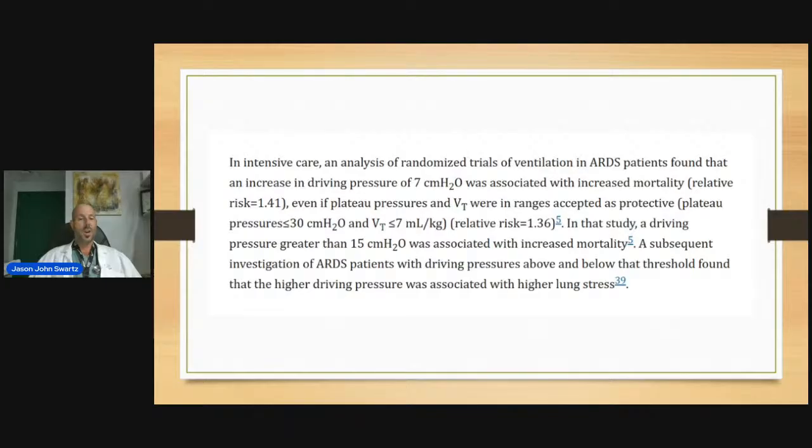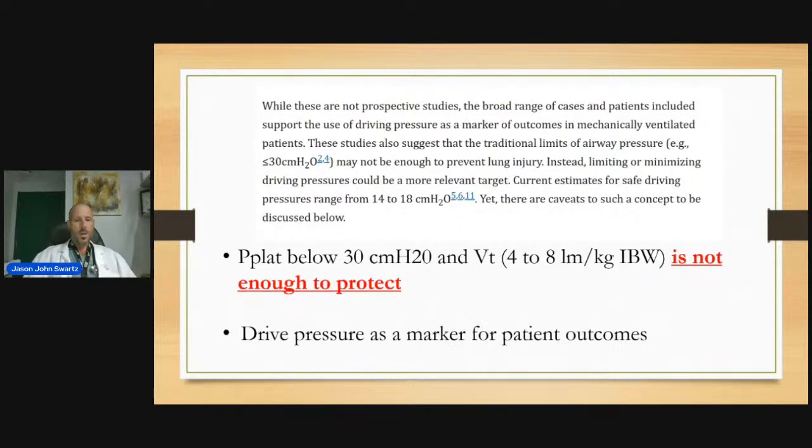In that study, a driving pressure greater than 15 was associated with increased mortality, and a subsequent investigation in ARDS patients with driving pressures above and below that threshold found that higher driving pressures were associated with higher lung stress.